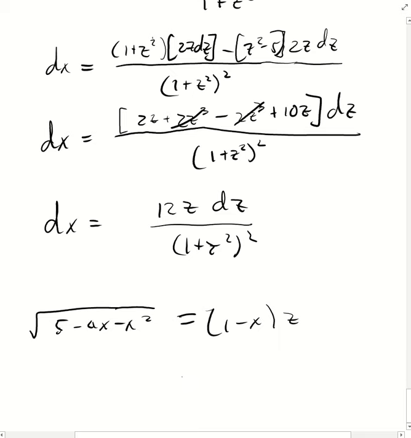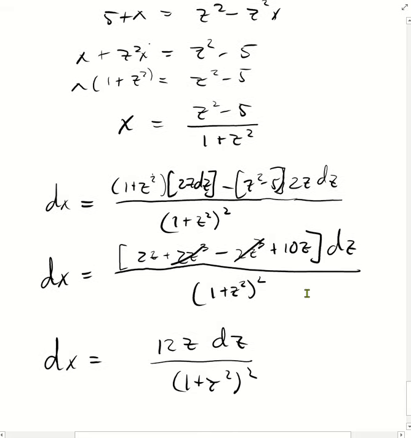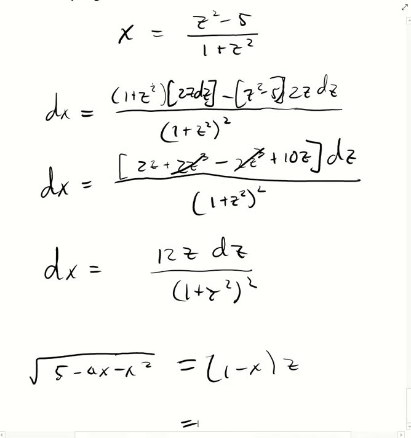But there's x in this substitution, so we need to substitute the x that we already solved. This is z squared minus 5 over 1 plus z squared. So this will be 1 minus z squared minus 5 all over 1 plus z squared, that is x, and times z.